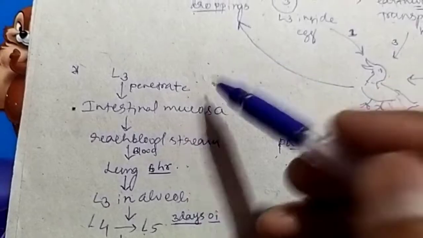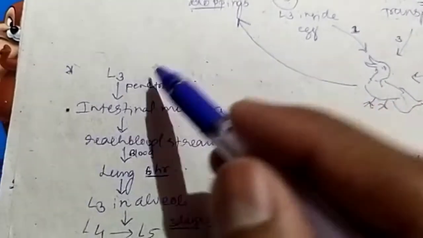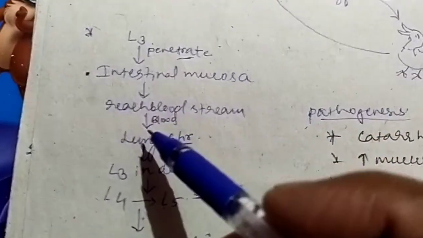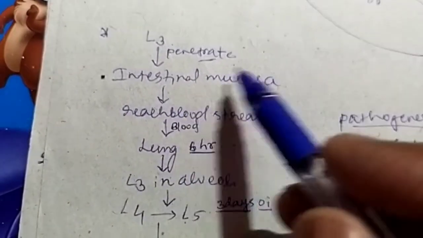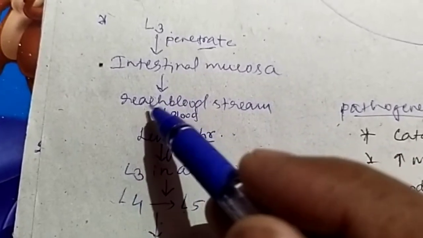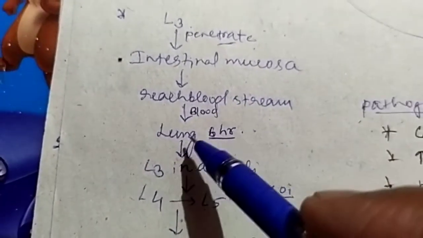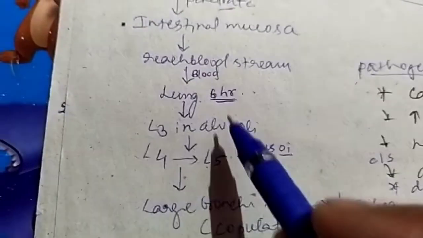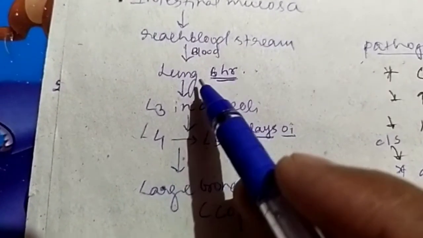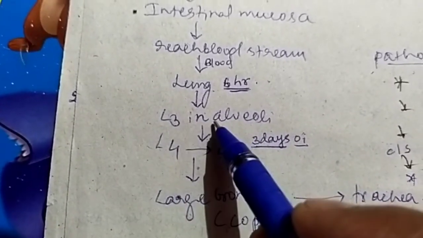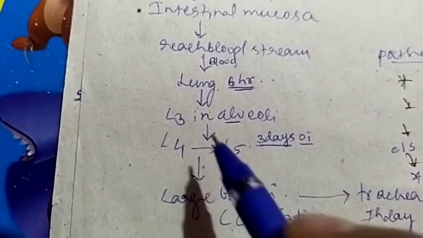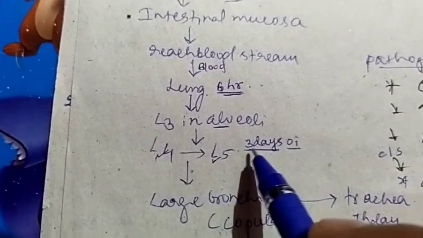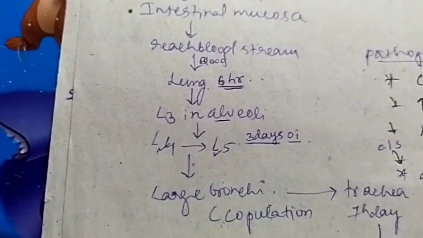Inside the body of the host, after getting infection, the L3 larva will penetrate the intestinal mucosa of the poultry and reach the bloodstream. Through this, it will reach the lungs within 6 hours of infection, and inside the lungs it will settle in the alveoli, where it will molt to produce L4 and again L5 after 3 days of infection.